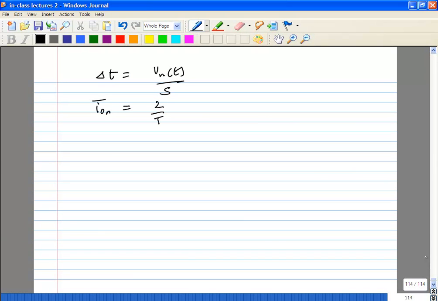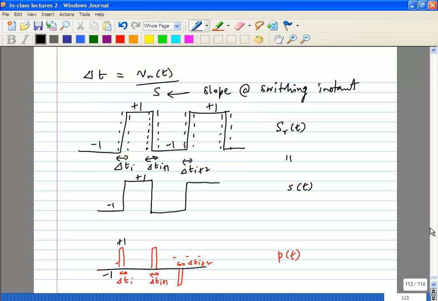It's 2 by T, which is the time period, times... we know that the current is changing by 2It times delta t. Rest of the time it is 0. And one more thing to remember is that the pulse rate of the pulse train is actually 2FLO.